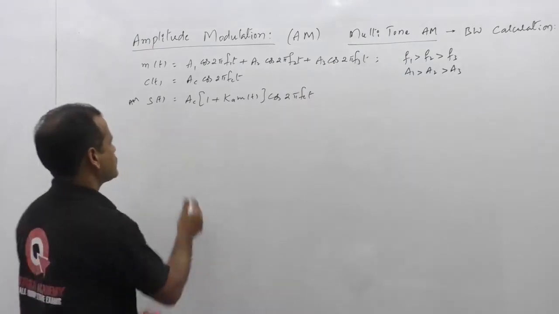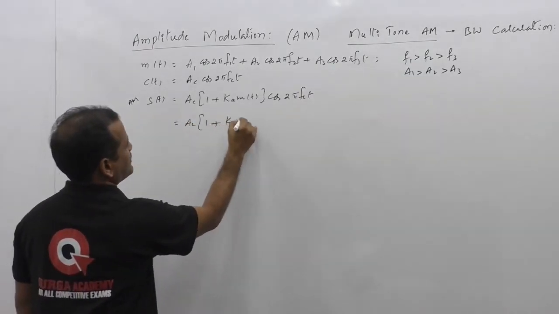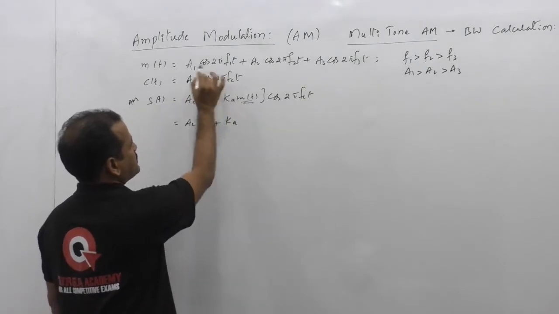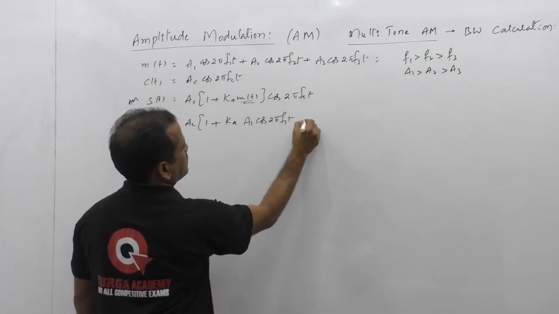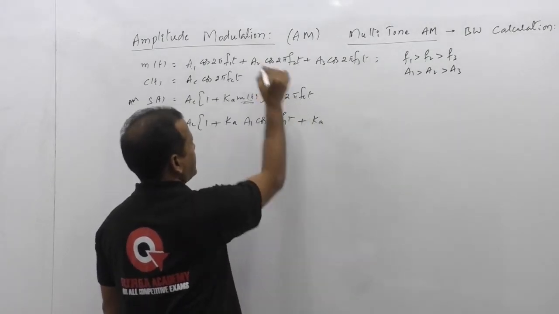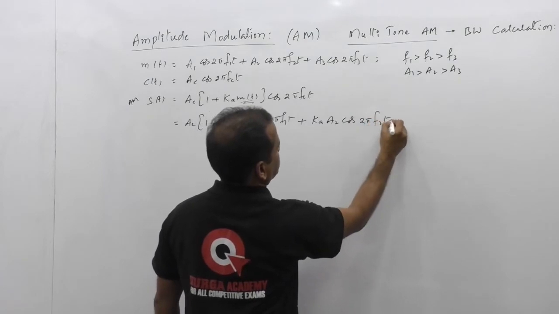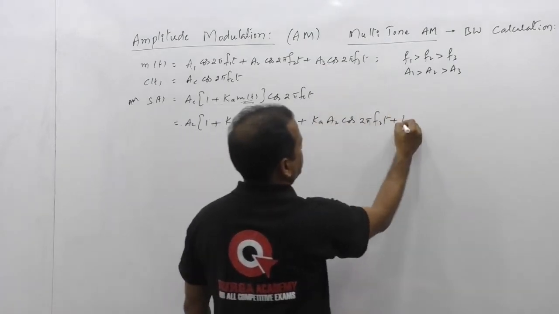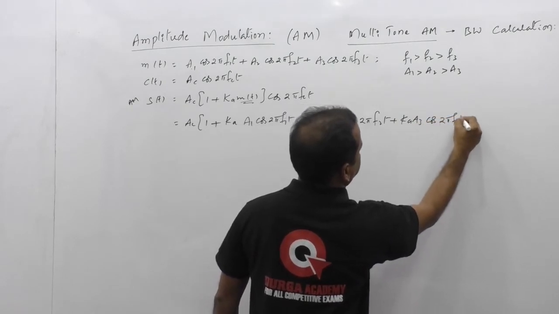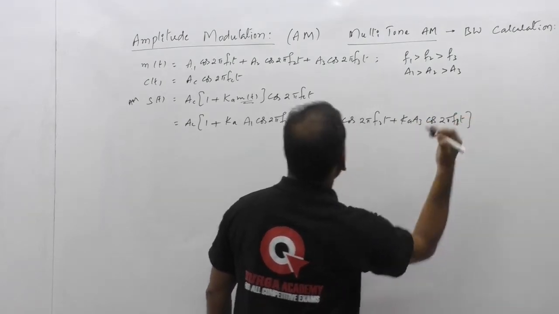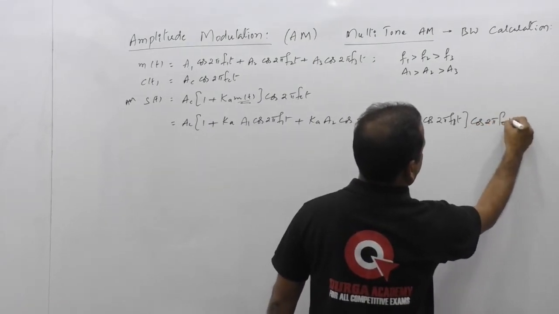Let us substitute this M of t here in this equation, that is 1 plus Ka, this M of t is A1 cos 2 pi f1t, and then Ka A2 cos 2 pi f2t, and then Ka A3 cos 2 pi f3t. This is all multiplied with cos 2 pi fct.